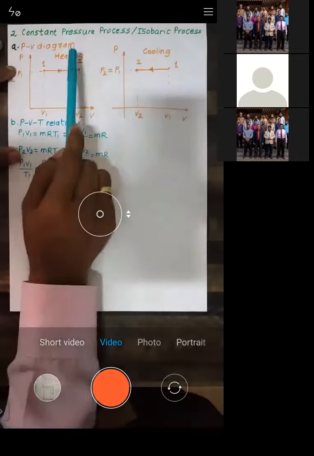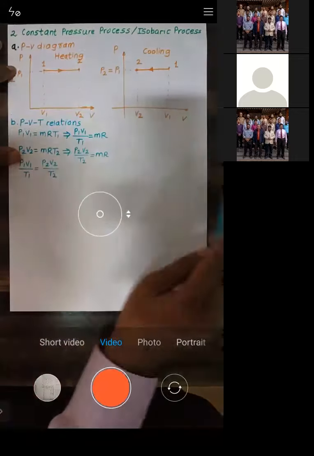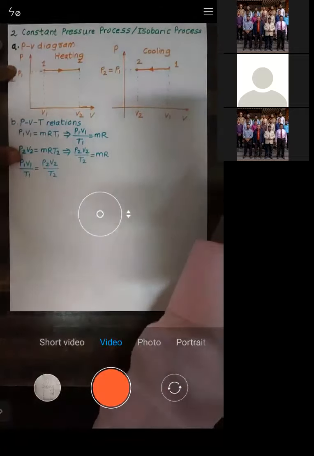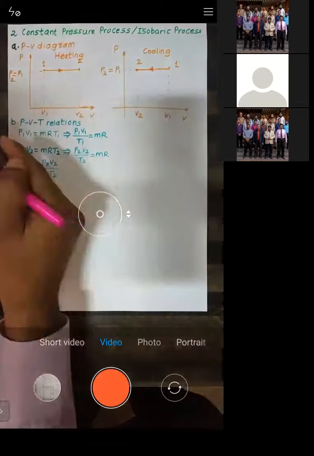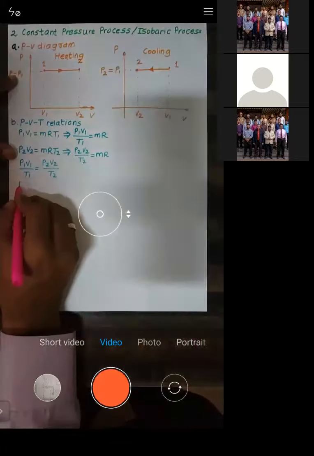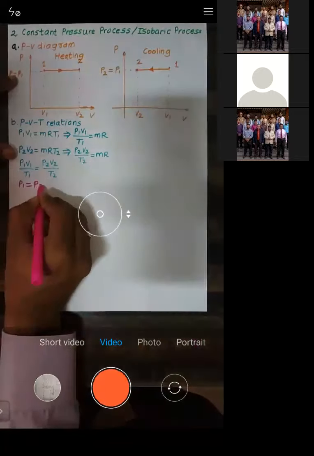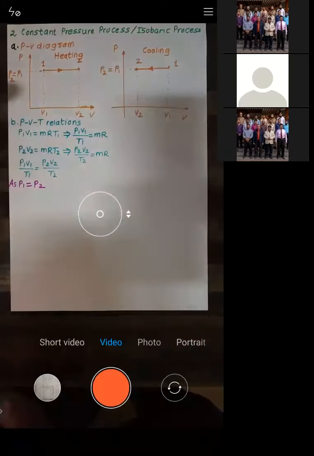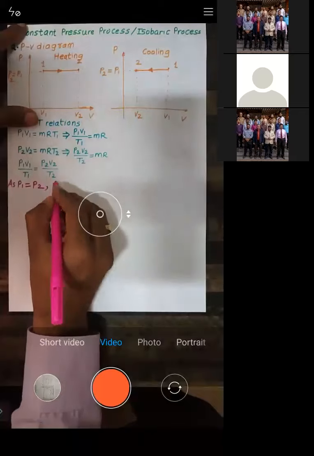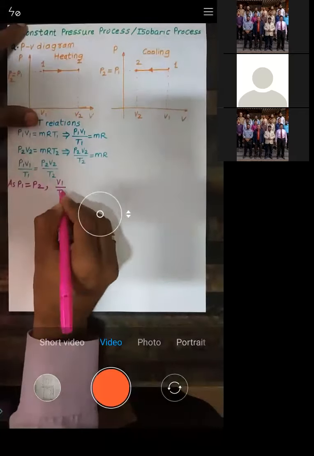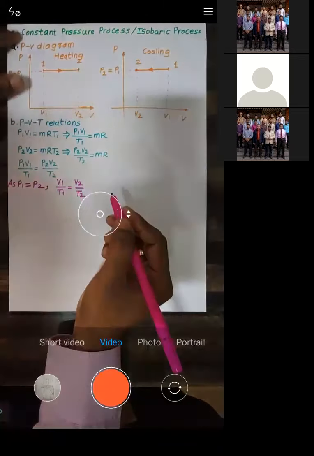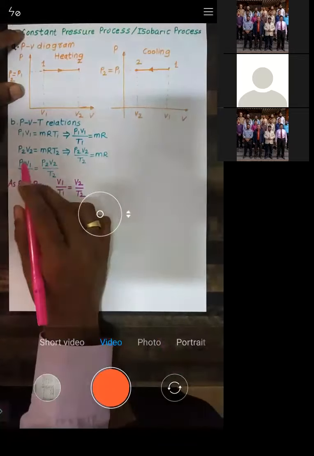Now, based on the condition mentioned in the problem, we are supposed to modify that expression, right? As you can see in the problem, our pressure is constant, so we have P1 is equal to P2. So this expression we can write as V1 by T1 is equal to V2 by T2, because P1 and P2 are the same and get cancelled.